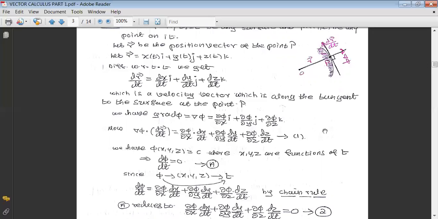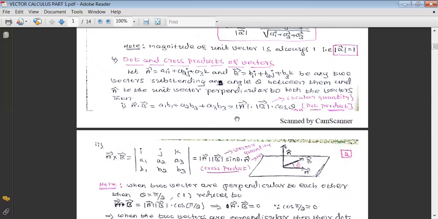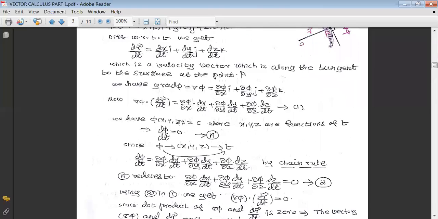Because if a bar and b bar are two vectors with components a1, a2, a3 and b1, b2, b3, we define the dot product as a1b1 plus a2b2 plus a3b3, the sum of products of respective components. That's why here we have written the sum of products of respective components of del pi as well as dr/dt. Let us take it as equation 1.